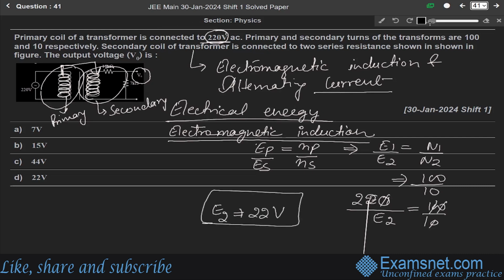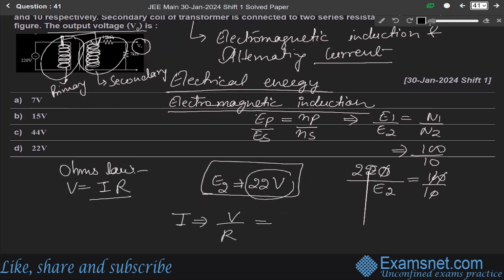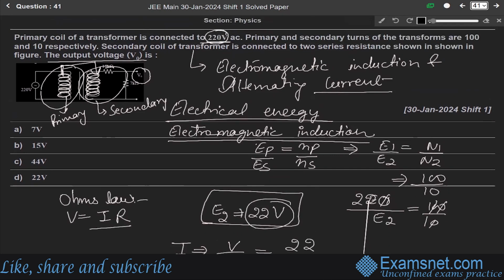And it is asking about the output voltage V naught. From Ohm's law, V equals IR, okay? So first of all, we have to find the I. I is equal to V over R, and V is 22, so 22 over R. R is given as this 15 kilo ohm and 7 kilo ohm, these resistances are in series.